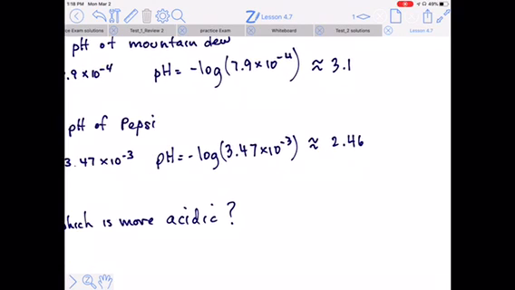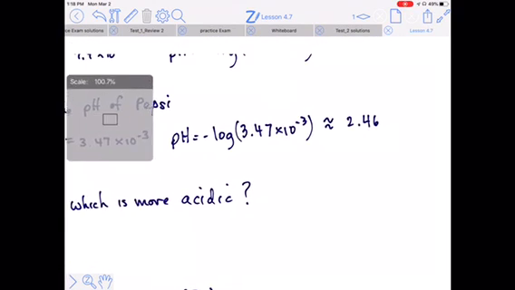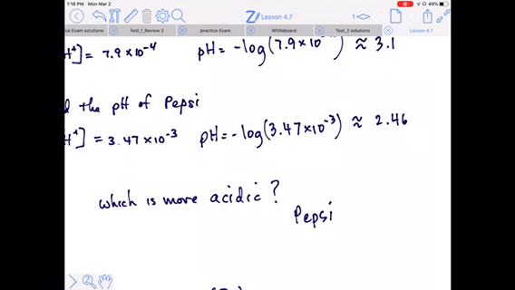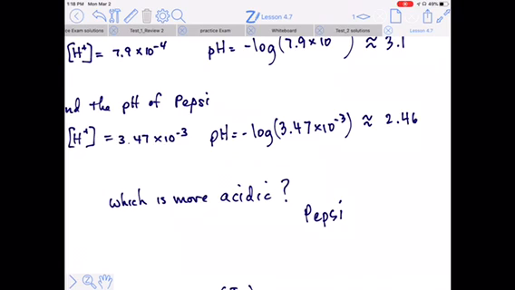So this question here, which is more acidic? Pepsi is lower on the pH scale, which means it's more acidic. So those are examples of a pH scale, or a logarithmic scale, to measure the acidity of liquids.